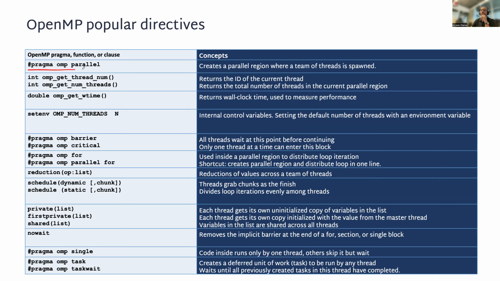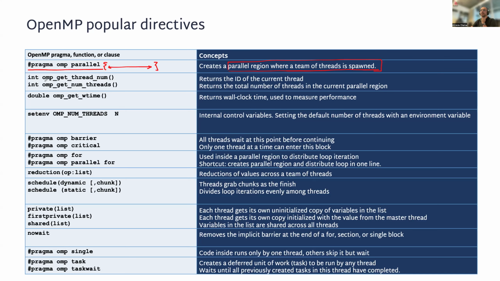The most basic one is pragma omp parallel, which is used to create a parallel region, and that parallel region is executed by a team of threads, right? Then you start with curly braces, and within these curly braces, everything is done in parallel. So here you have your threads running only in this region.